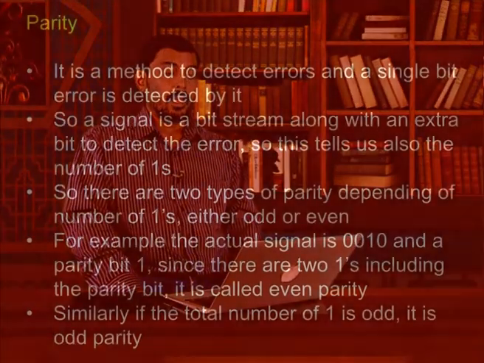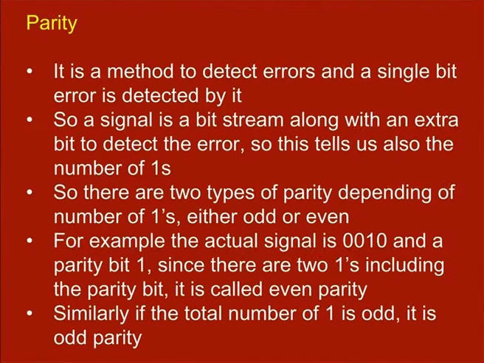Now, let us discuss a concept called parity. It is a method to detect errors, and a single bit error is detected by this method. A signal is a bit stream along with an extra bit to detect the error.